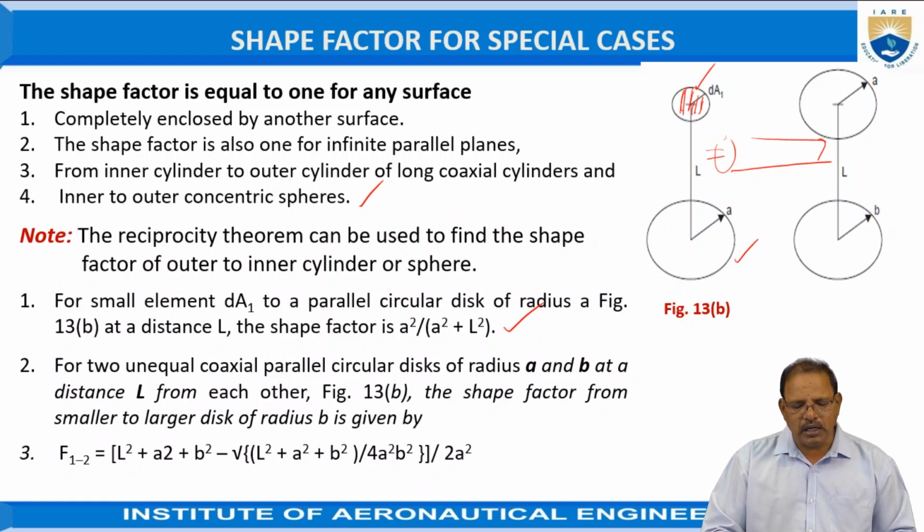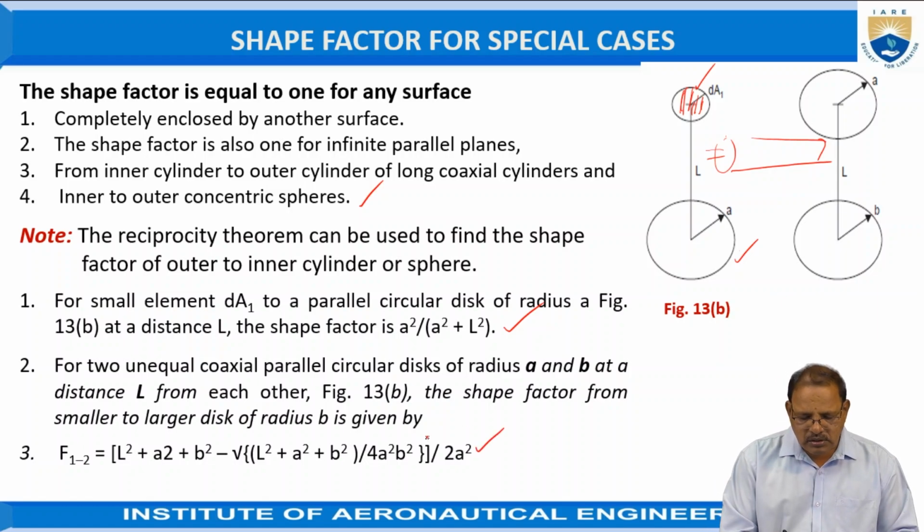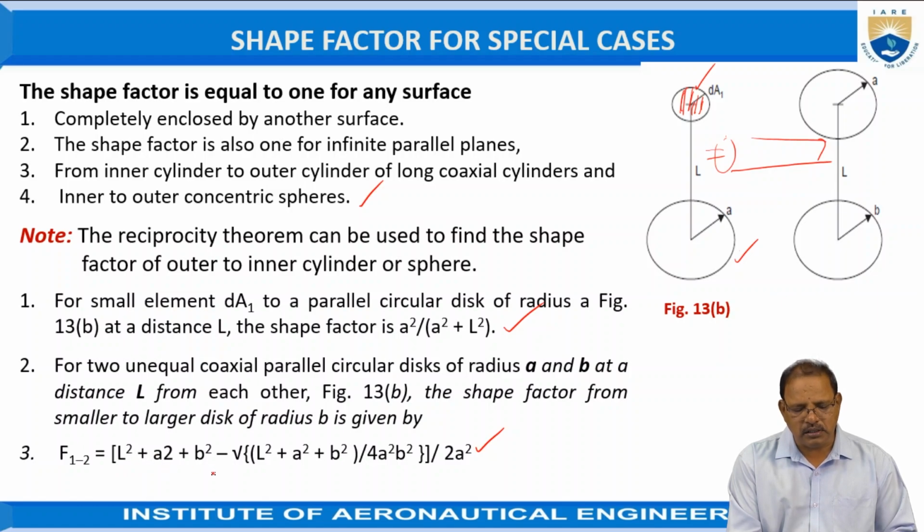In case 2, for two unequal coaxial parallel circular discs of radius A and B at a distance L from each other, the shape factor from the smaller to the bigger disc of radius B is given by F12 equal to the total of L square plus A square plus B square, minus the square root of (L square plus A square plus B square) whole square minus 4 A square B square, all divided by 2 A square.